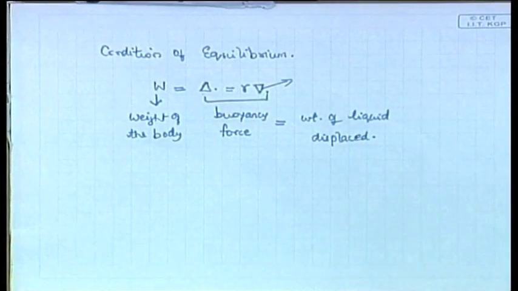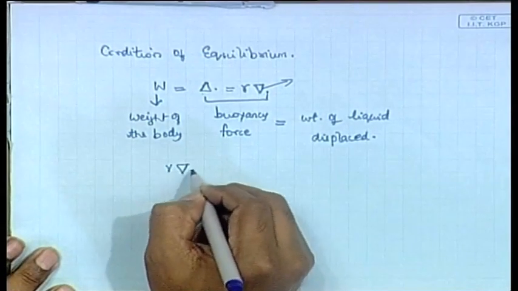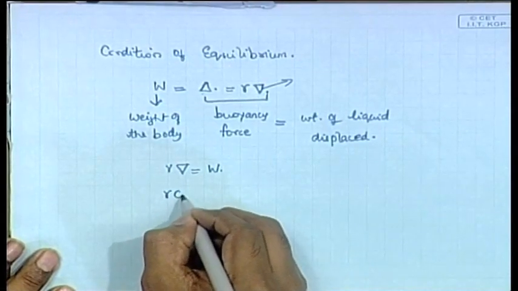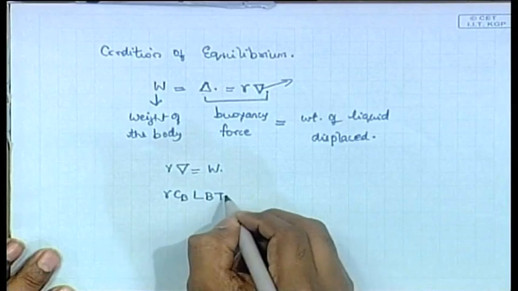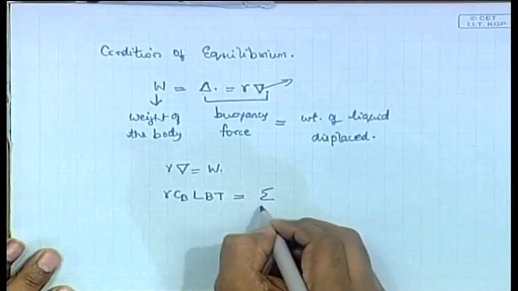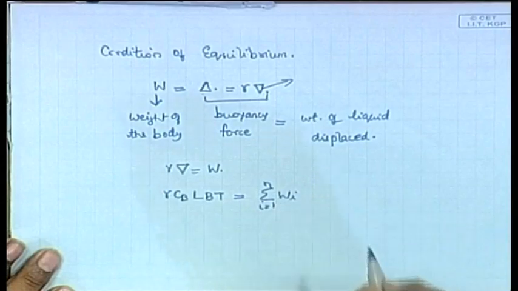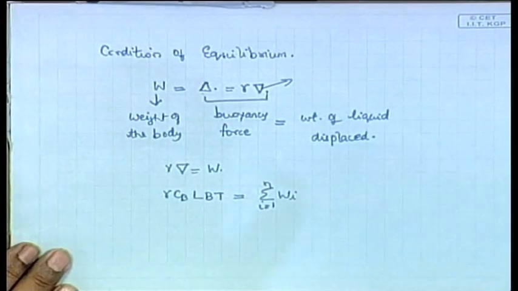Okay. Now, we will write it like this, gamma into del equals W. Now, we just write it from an engineering point of view.